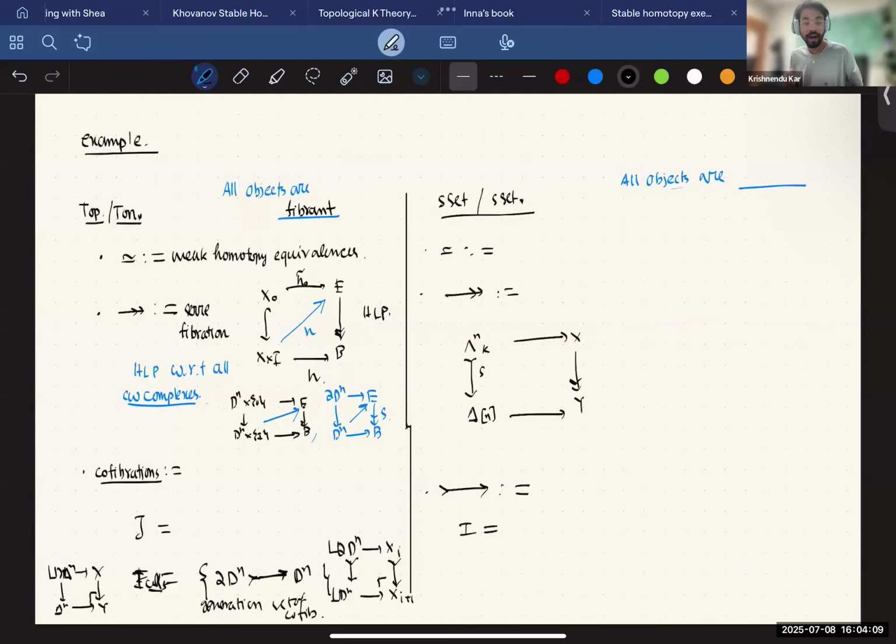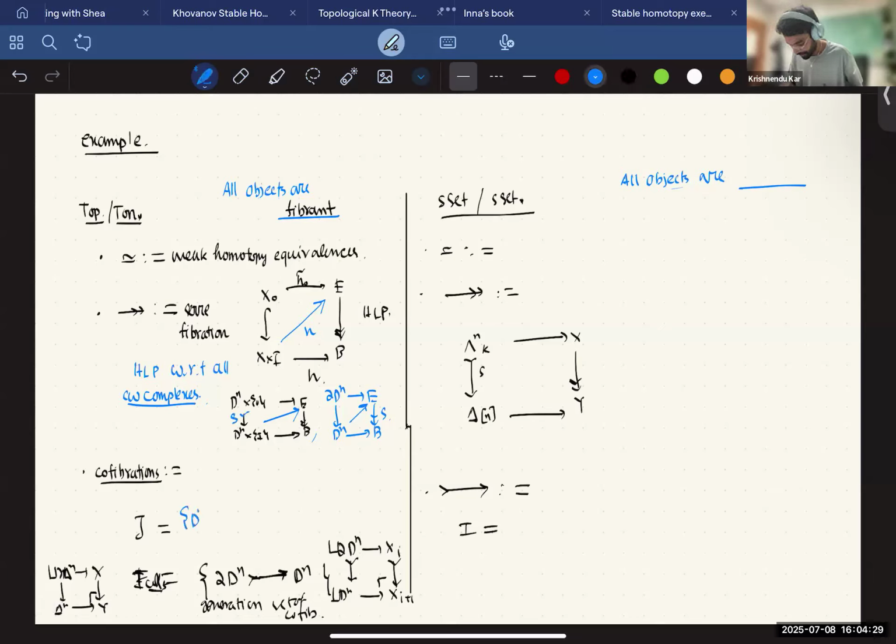These are all cofibrations. And how do you determine all the trivial cofibrations? For that, look at this map, E to B. This is your E to B, okay, that's so small now. This is your cofibration, right? So that means that this map over here has to be a trivial fibration.